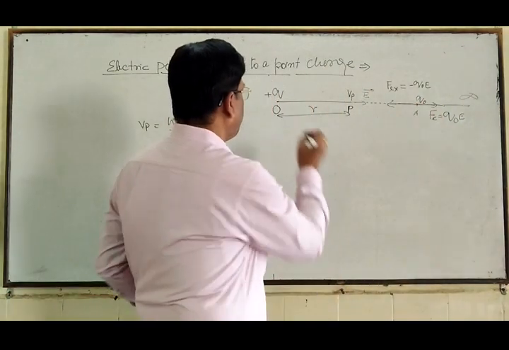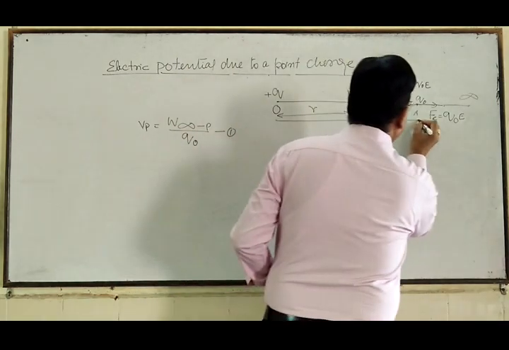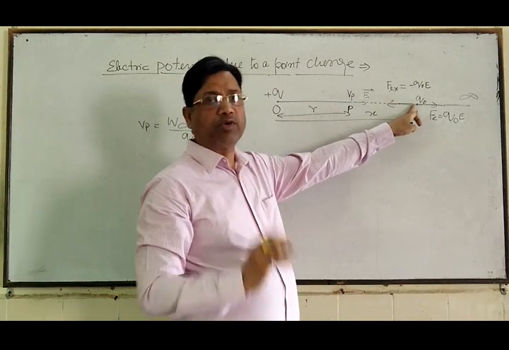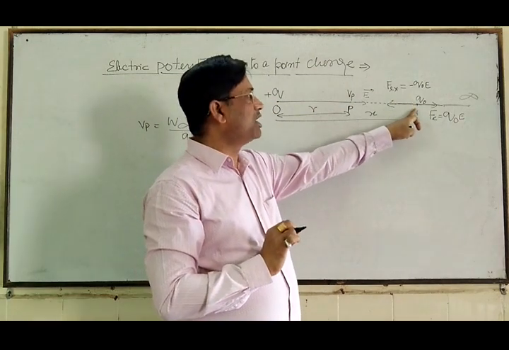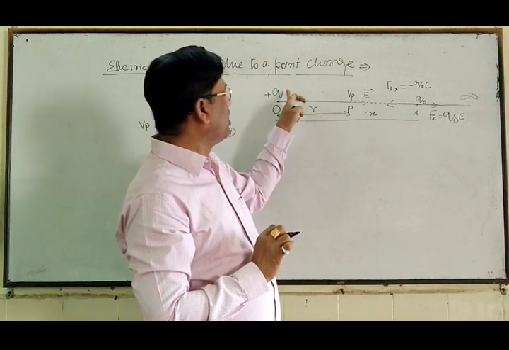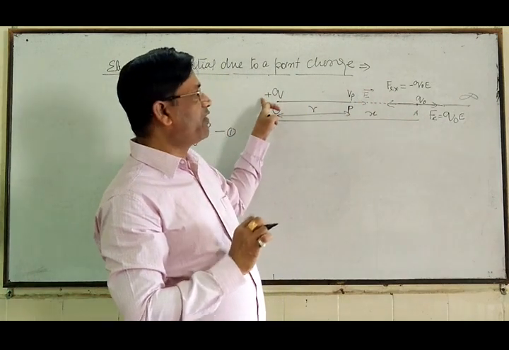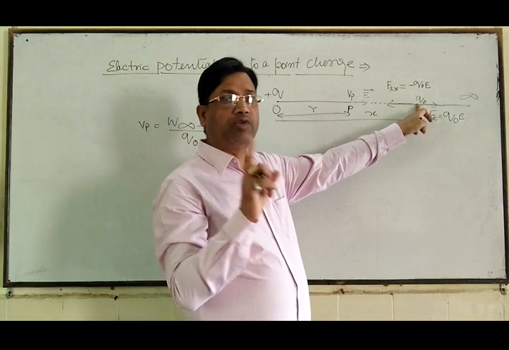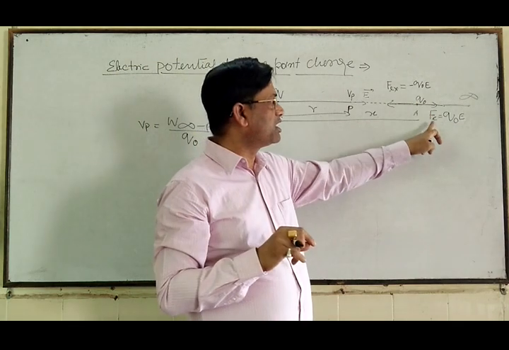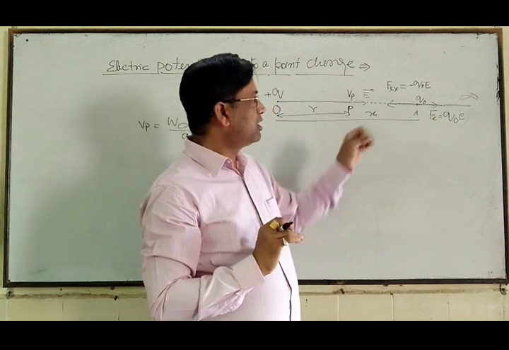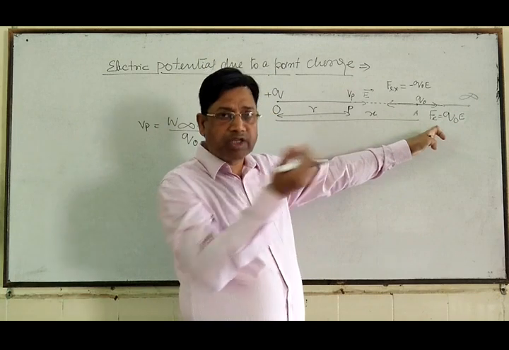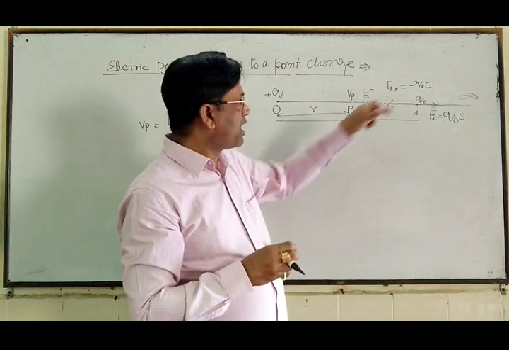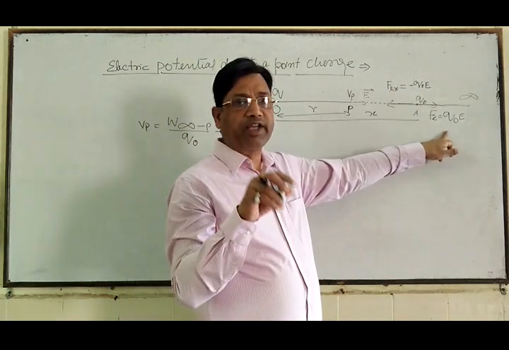A is the location at a distance x from O. The charge is Q naught. Then the Q naught charge is in the electric field due to plus Q charge, so it will experience a force F equal to Q naught E. Q naught E will not allow us to bring the charge here, so we apply an external force equal and opposite to the electrostatic force.